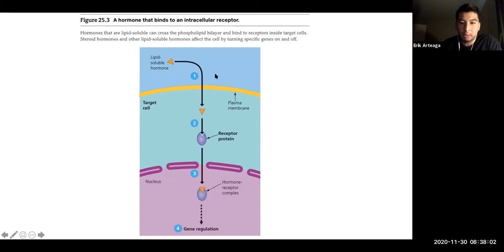It's just going to come right into the cell, attach to a protein receptor, and then have gene regulation there. So either production or non-production of certain proteins after the exposure to that lipid soluble hormone. Again, these are mainly the androgen hormones, so testosterone, estrogen, progesterone. And again, those hormones take a while to take effect on the body.